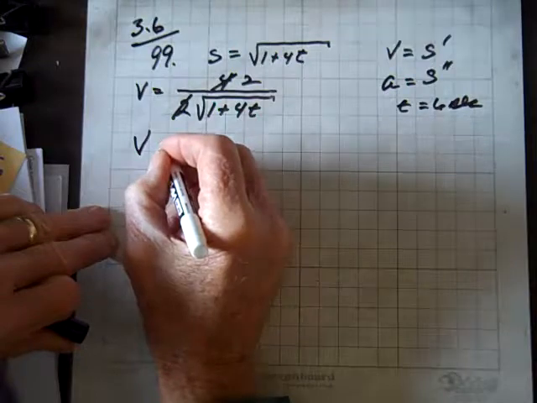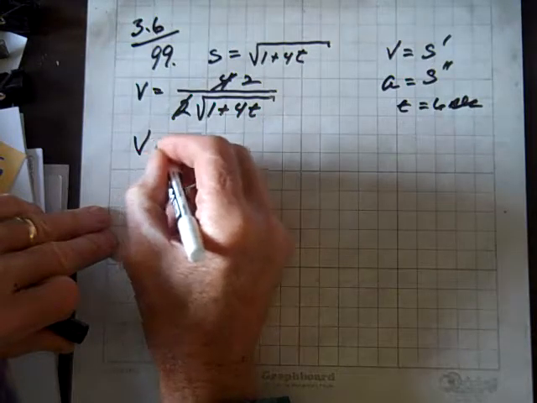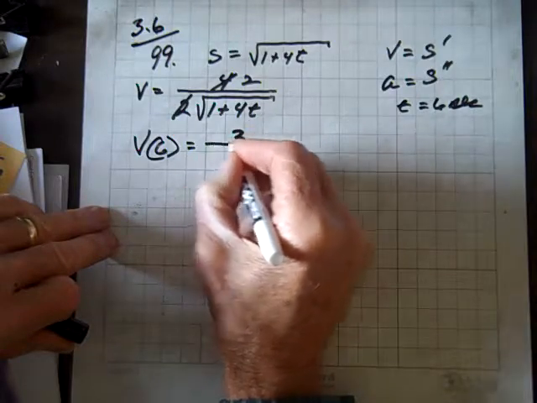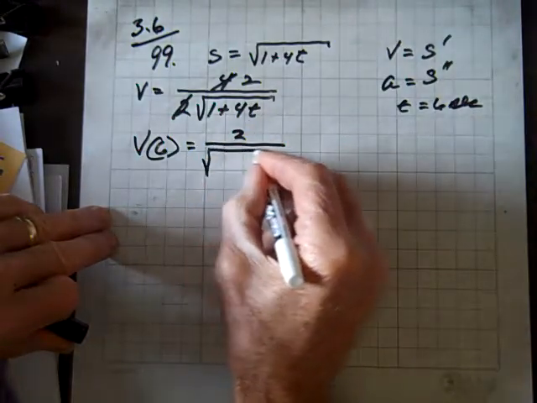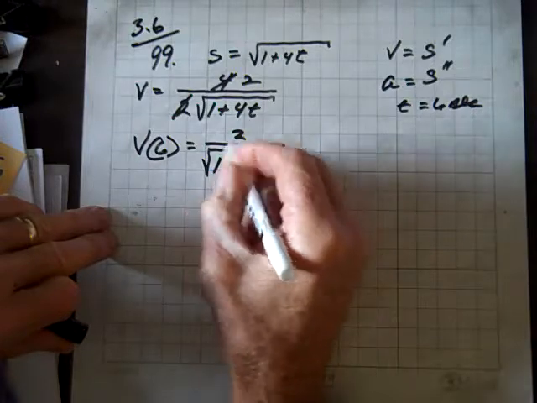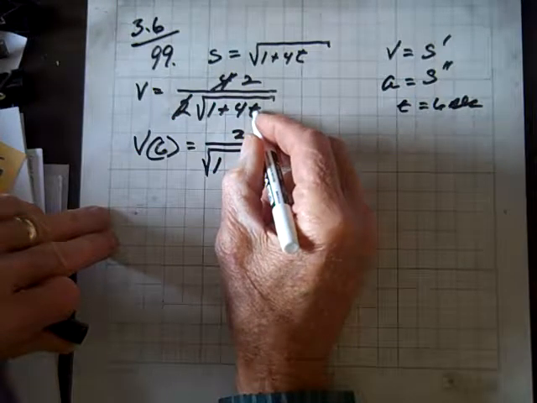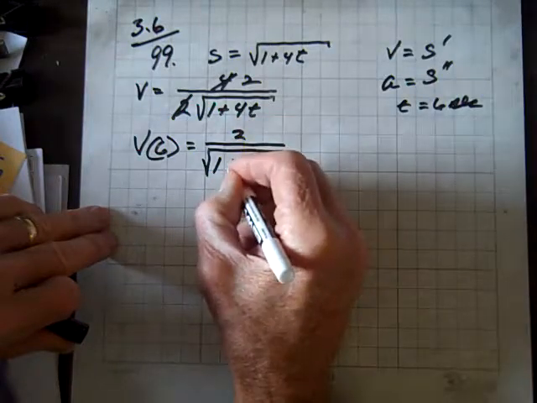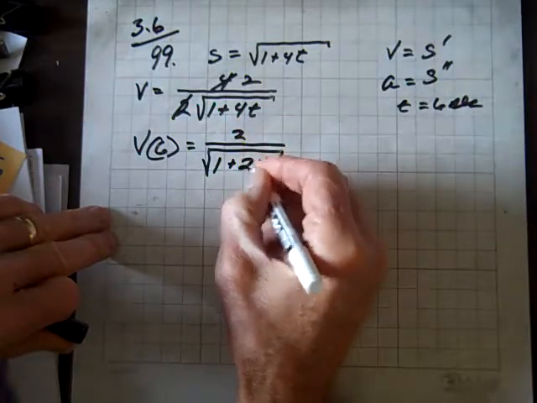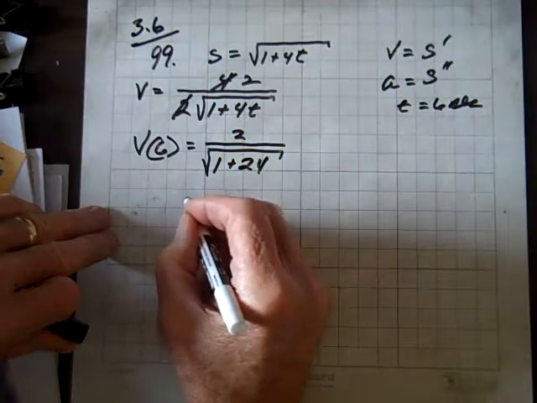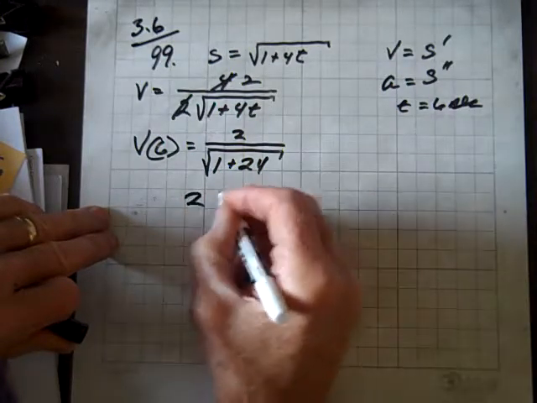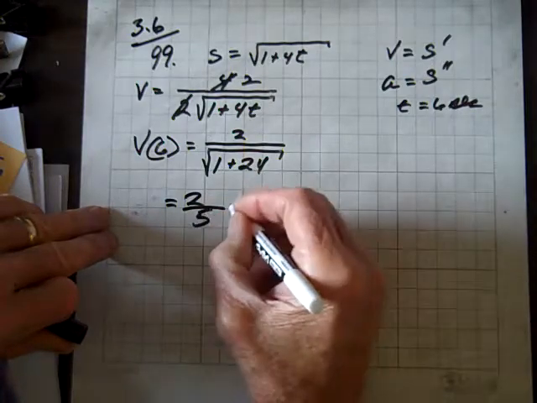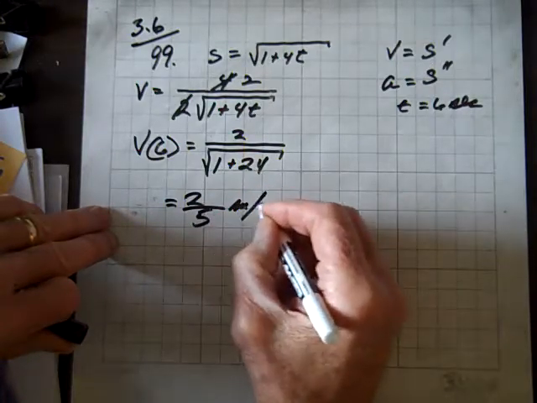So the velocity relative to 6 seconds is going to be 2 over the square root of 1 plus, replacing t with a 6, 4 times 6 is 24. So we've got the square root of 25, which is 5, so that equals 2/5, and that's going to be meters per second.